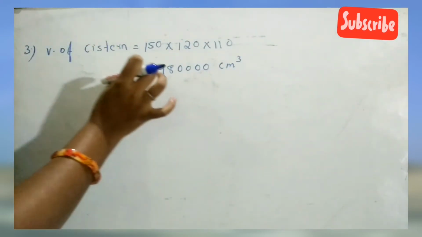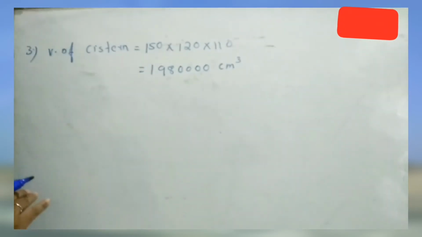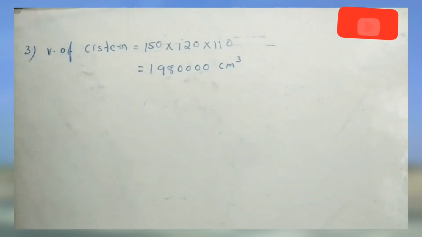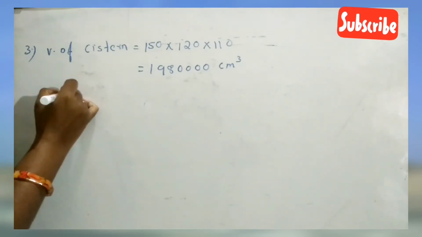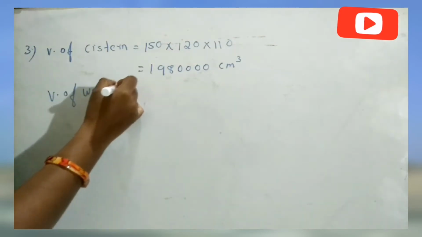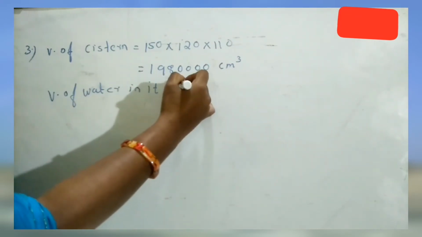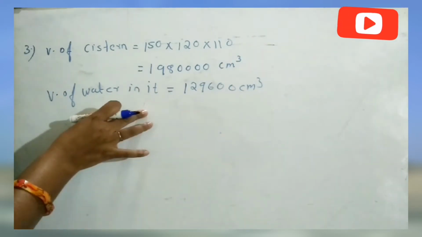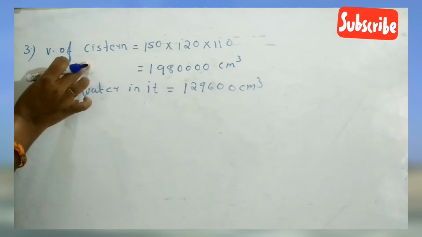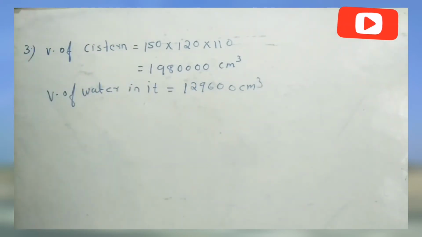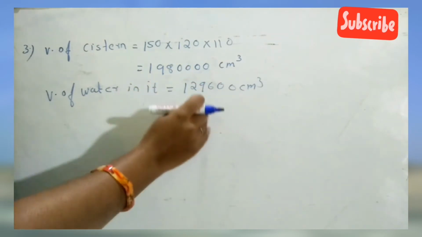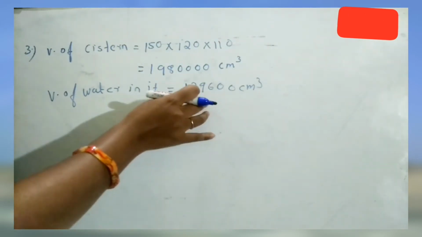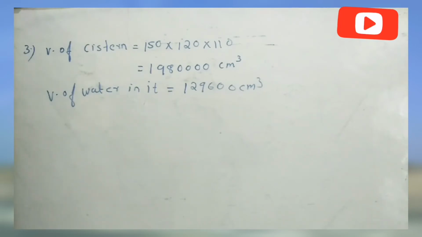If the volume of cistern is equal to this value, then we need the volume of free space. How can we find out the volume of free space? It is given that the volume of water in it is equal to 129600 centimeter cube. These two values are not equal, so it is clear that we have some free space.